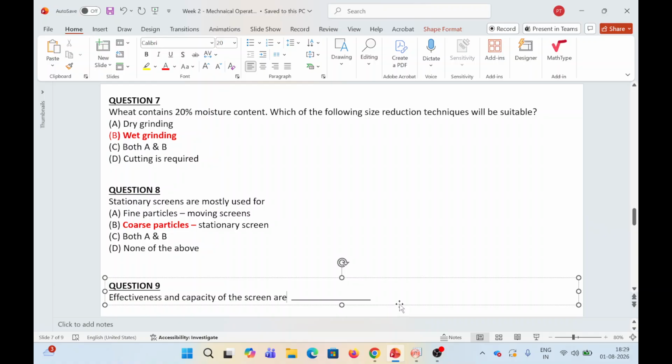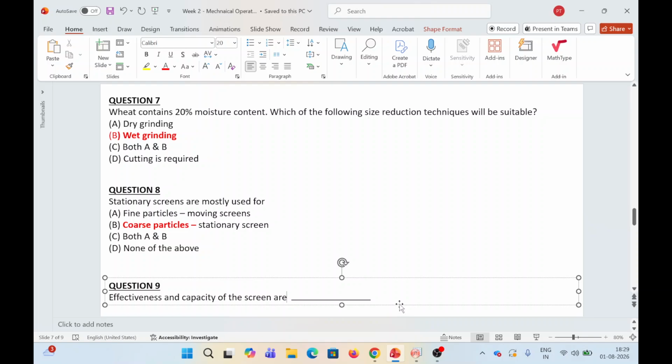Effectiveness is the chance of the particles to pass through the opening of the screen. And capacity is the mass of the material that is fed to the screen for a unit time and for a unit area. So how are they related to each other? They are related in recovery and rejection.